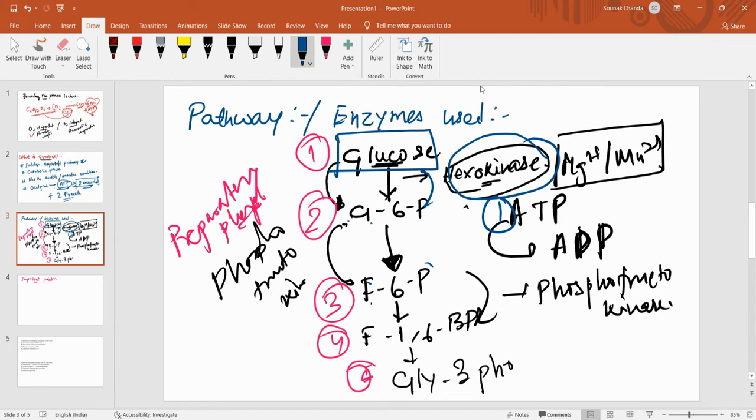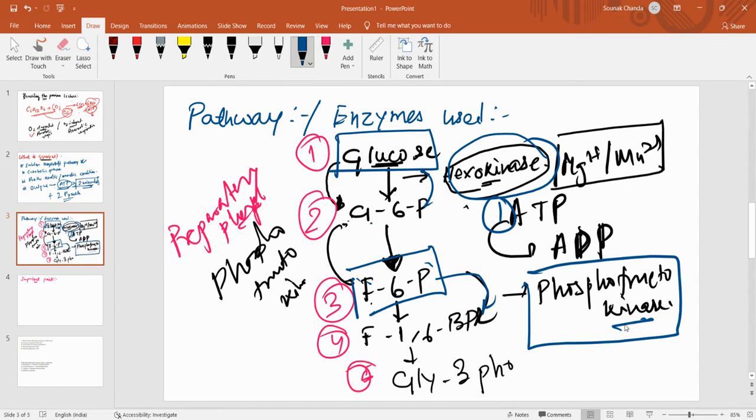They are isomers of each other, so there is no ATP. Next, fructose 6 phosphate to fructose 1,6 bisphosphate: the enzyme is phosphofructokinase, and this kinase is where ATP is converted to ADP, an investment of ATP. So number one molecule, number two molecule.